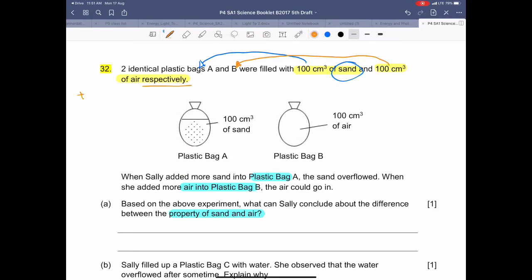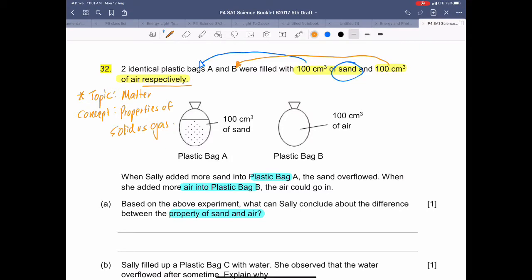So the topic is actually what? Matter, very good. And the concept they are testing you is properties of solid versus air, gas. That is the property that they want to test you on.